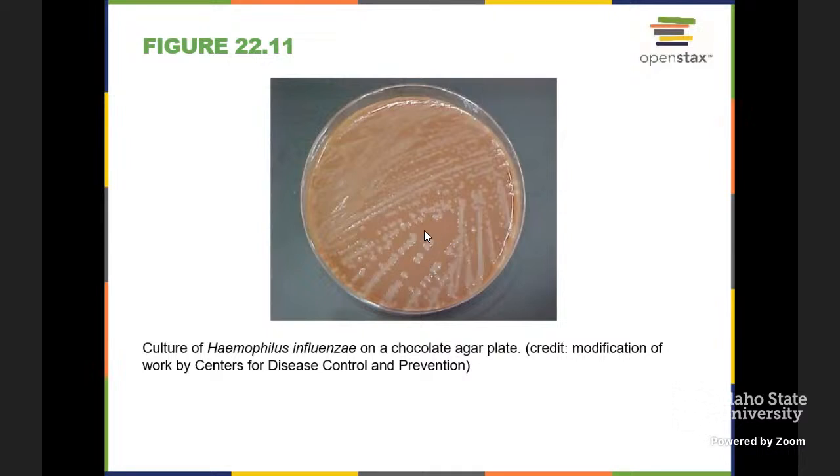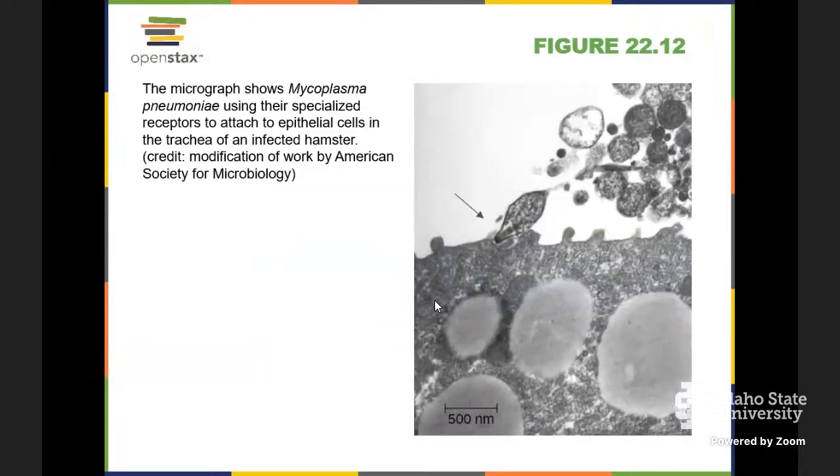You can see the slimy mucoid colonies, the shiny colonies on this plate, indicative of that, and lending to something that we describe as a virulence factor, the ability to enhance the disease process by that capsule layer.